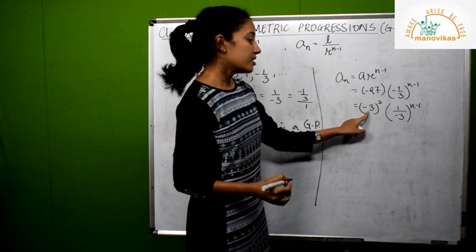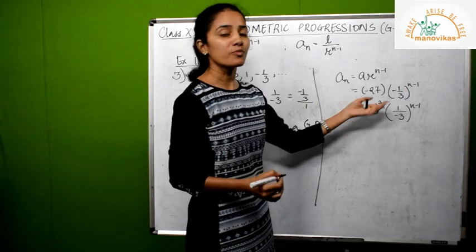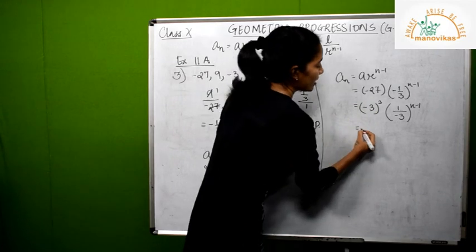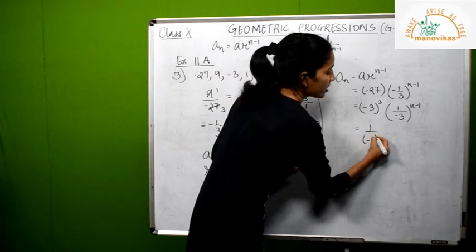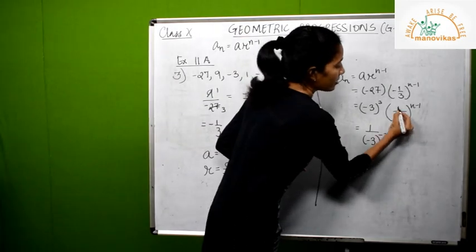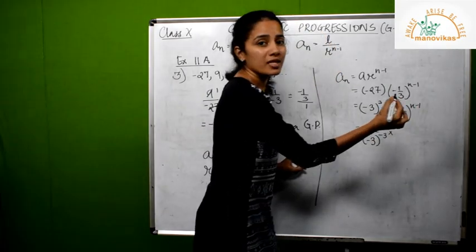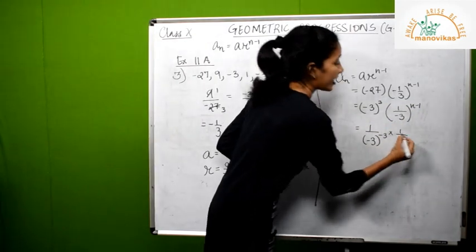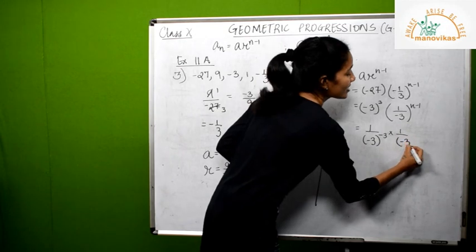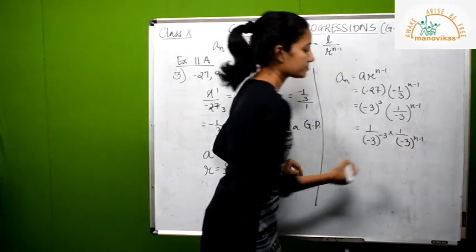Now when I get this negative 3 the whole cube in the denominator, the sign of the index will change. So I will have 1 upon negative 3 the whole raised to negative 3. Note that here 1 raised to n minus 1 is 1 always. That is, 1 raised to anything is 1. That is divided by minus 3 raised to n minus 1.